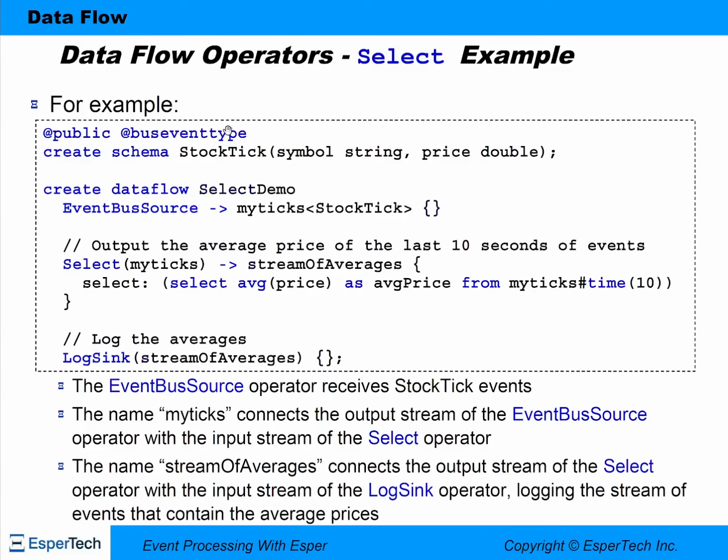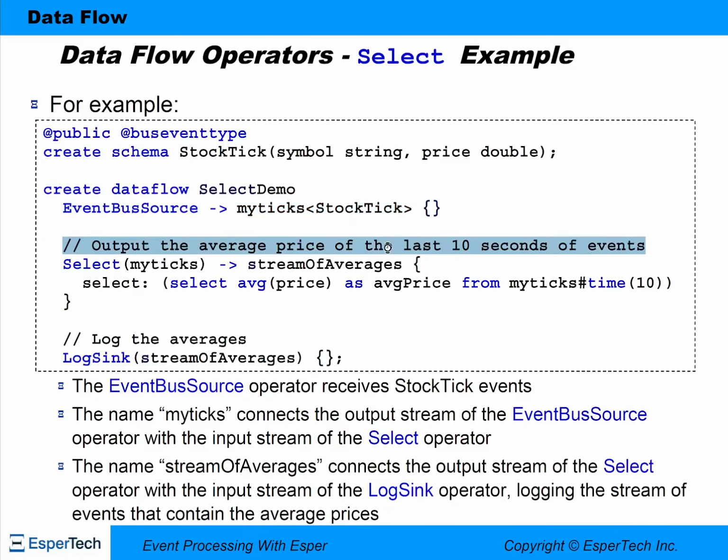For instance, @public @buseventtype create schema StockTick(symbol string, price double), create dataflow SelectDemo, EventBusSource produces mytics of type StockTick.